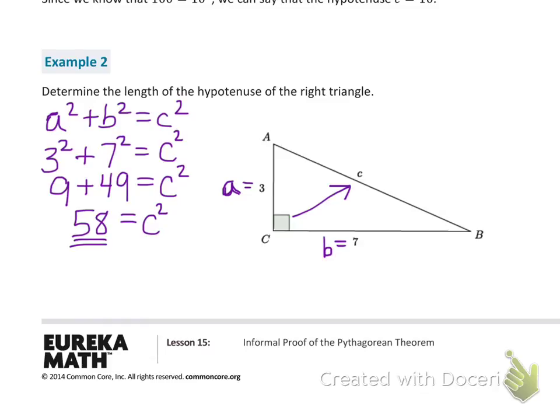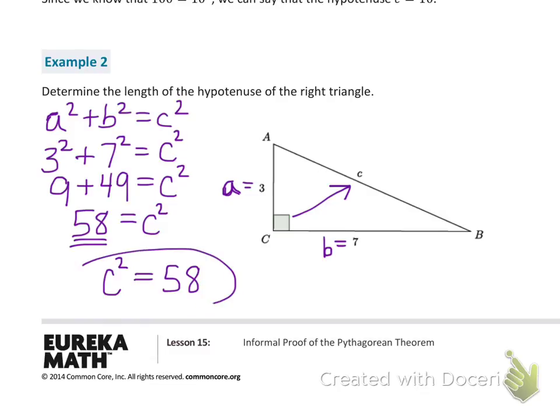So it's somewhere between 7 and 8, but we can't be sure. So in this lesson, we're going to say that if we can't find a perfect square like we did in the first example, if 58 is not a perfect square, so I can't know exactly what it is, we can just leave it at c squared equals 58.